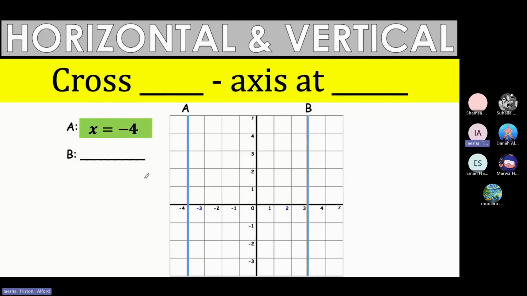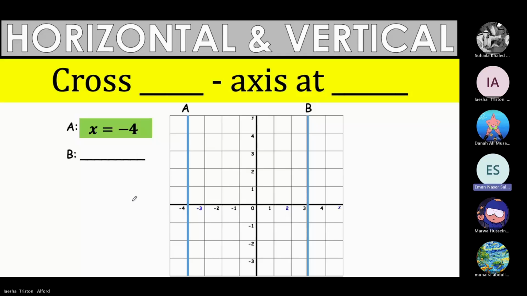So you have x equal -4. That is line A. Line B, cross which axis? X-axis. At what number? It crosses the x-axis at +3. So the equation is x equal +3.